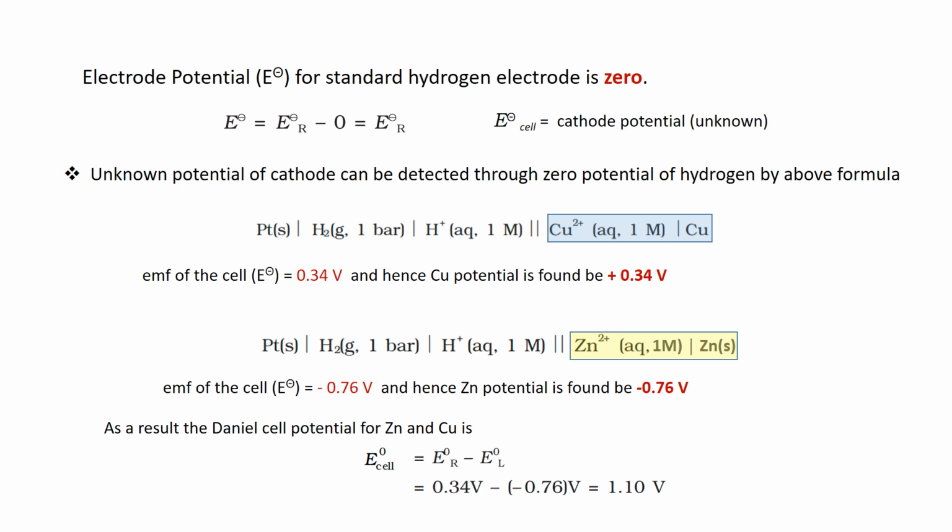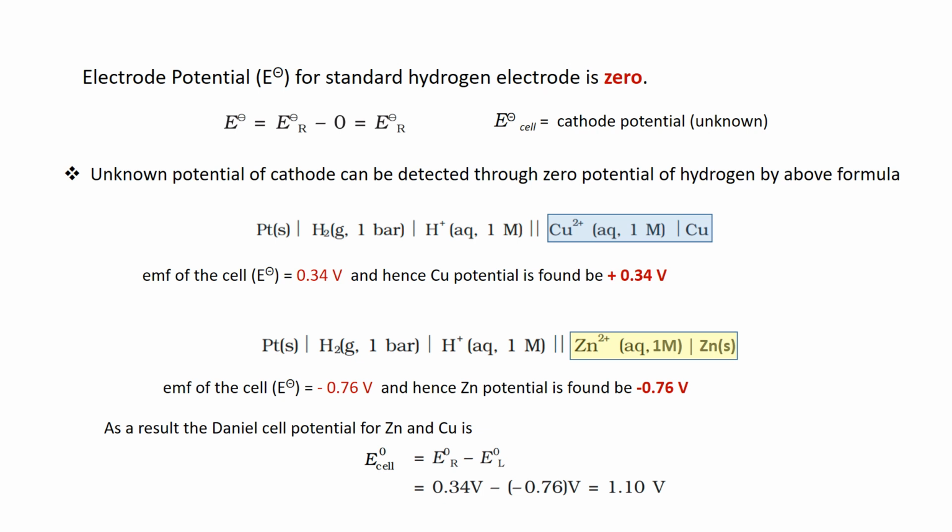So if you don't know the potential of any electrode, connect it with the hydrogen. Whatever the cell potential, that is the EMF of the cell, shows, that potential will be equal to the standard electrode potential of that unknown metal. What is the standard electrode potential?